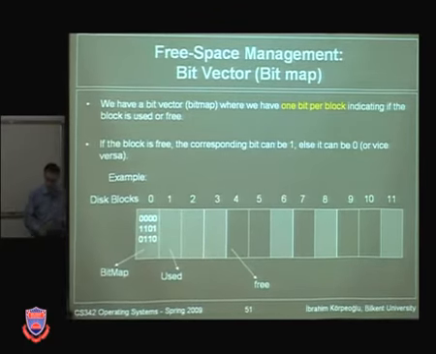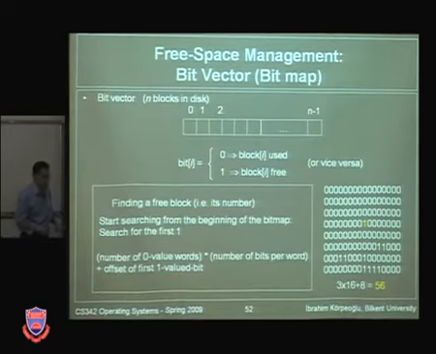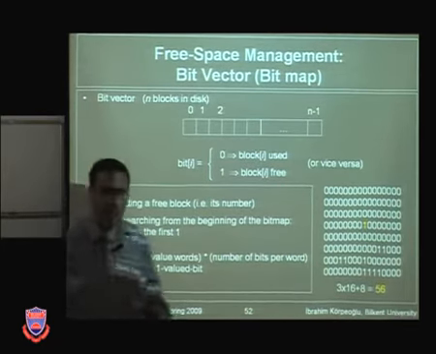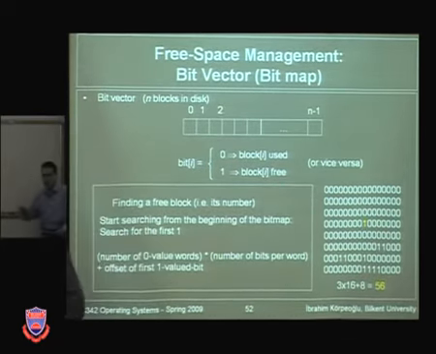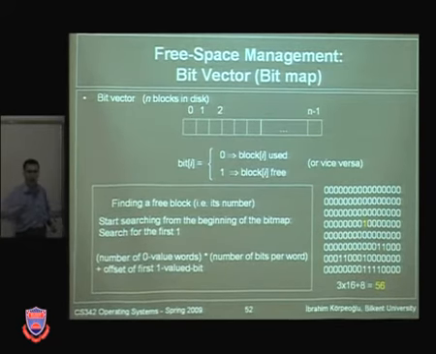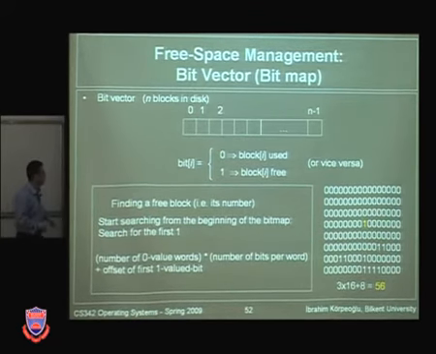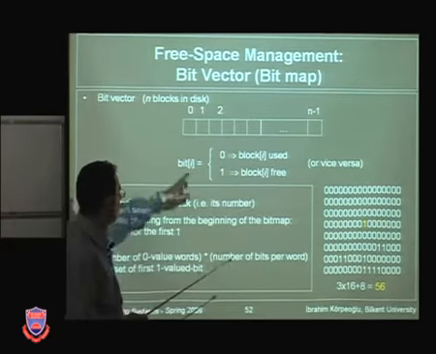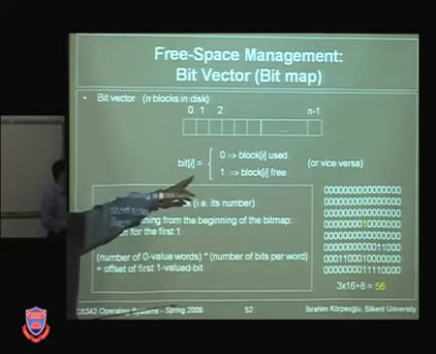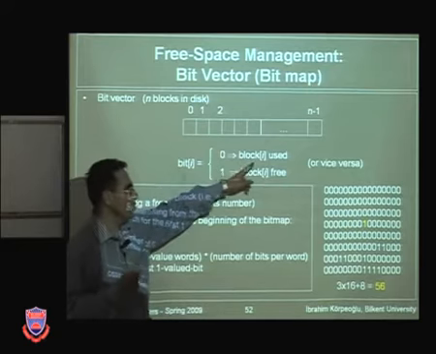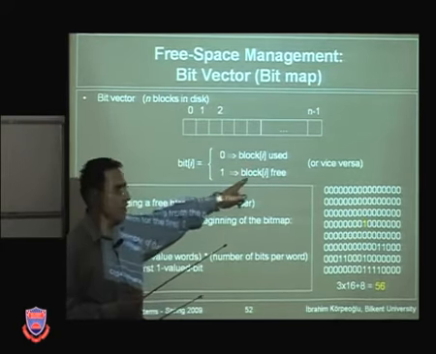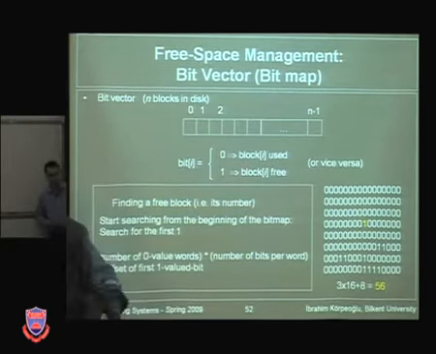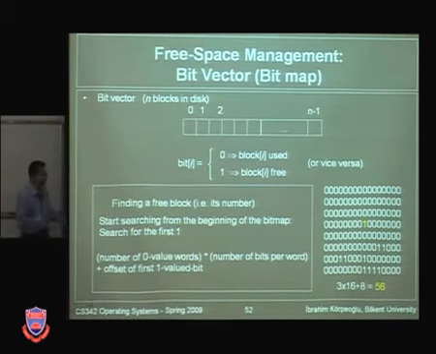So if the disk has n blocks, then we need a bitmap that has n bits, right? For each block of the disk, we have a corresponding bit. For the ith block, the bit value can be 0 or 1. If it is 0, we can consider the block used. If it is 1, we can consider the block free, or vice versa. This is just a convention.